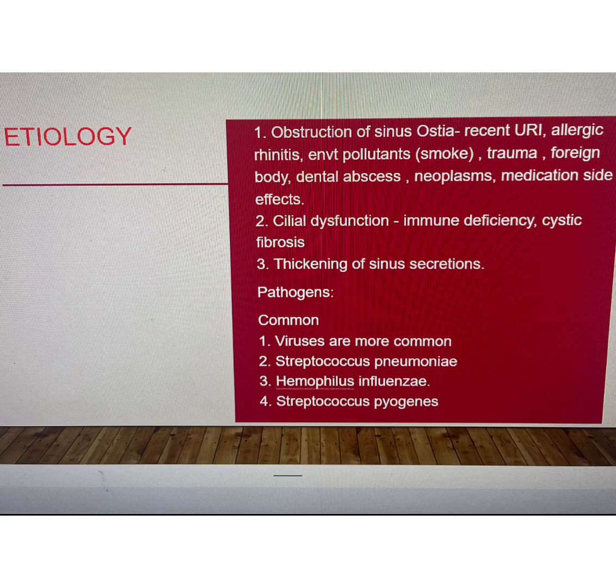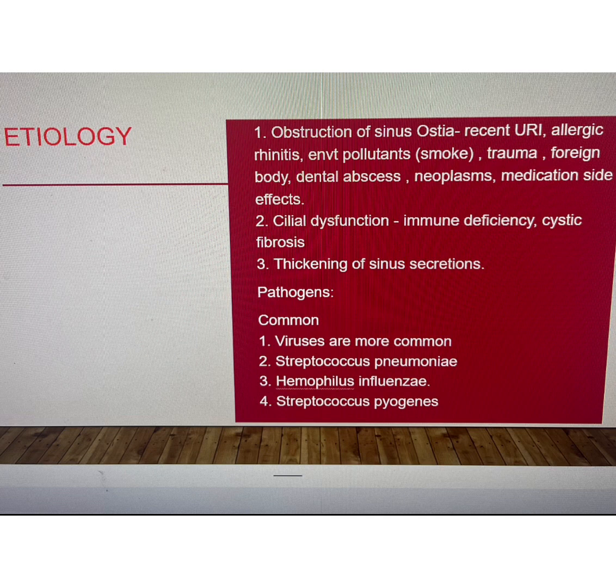Etiology of rhinosinusitis. I have already mentioned most of it. Obstruction of sinus ostia due to recent upper respiratory infection, allergic rhinitis, environmental pollutants like smoke, trauma, foreign body, extension of a dental abscess, neoplasms, and medication side effects like hormone replacement sprays or abuse of topical decongestants and cocaine, rhinitis medicamentosa, and anatomic abnormalities such as deviated septum, diving or swimming.